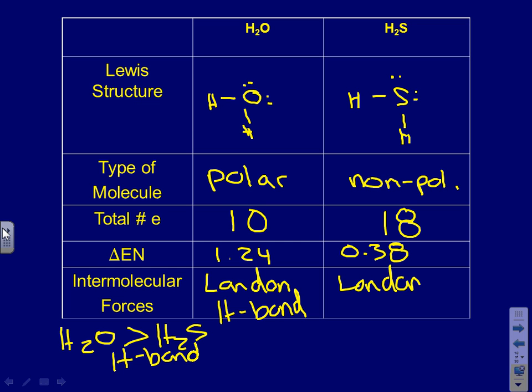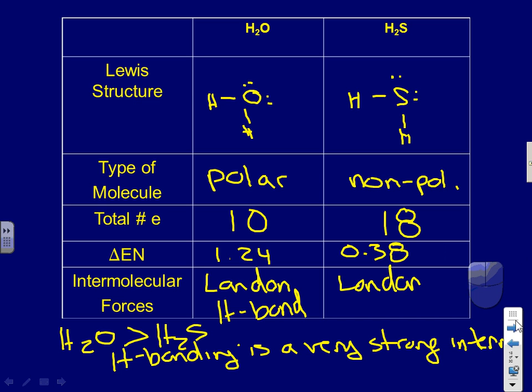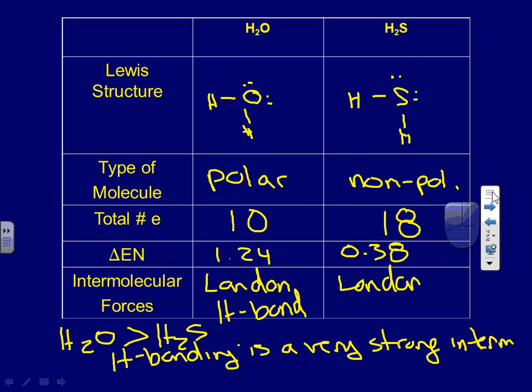H bonding is a very strong intermolecular force.